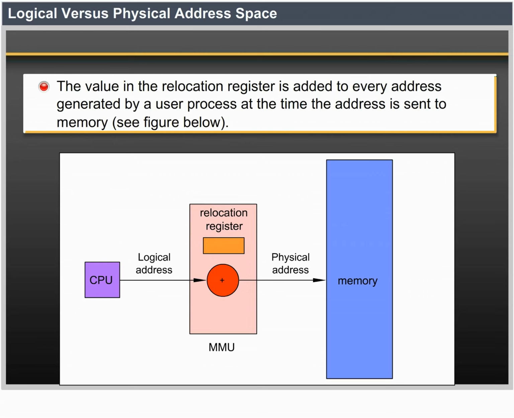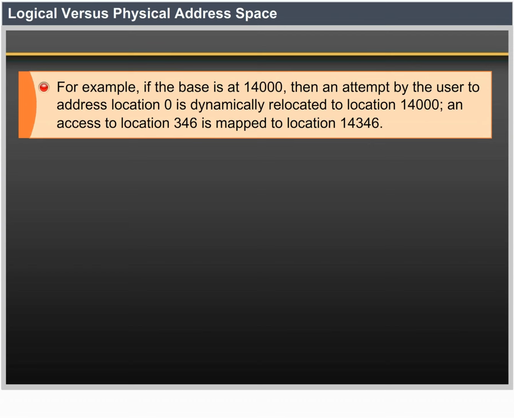For example, if the base is at 14,000, then an attempt by the user to address location 0 is dynamically relocated to location 14000, and access to location 346 is mapped to location 14346. The user program never sees the real physical addresses.